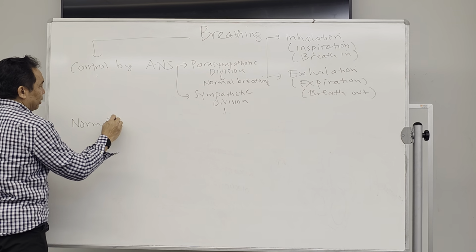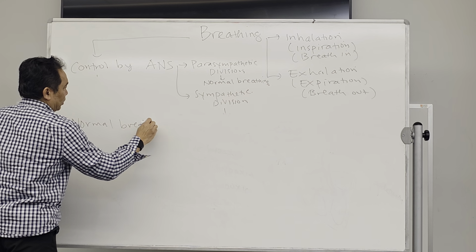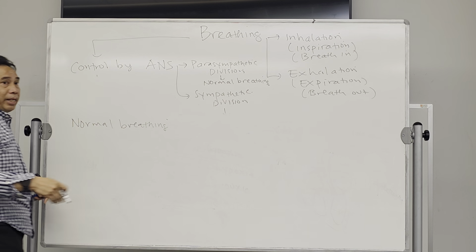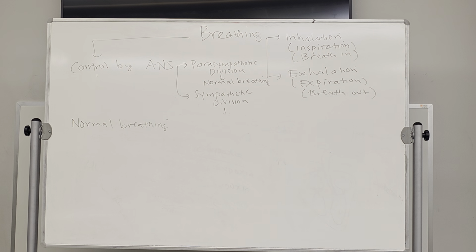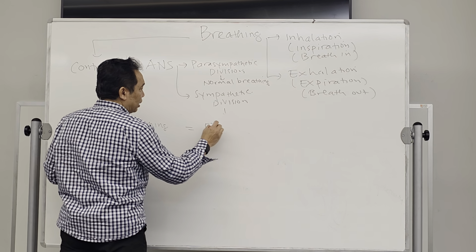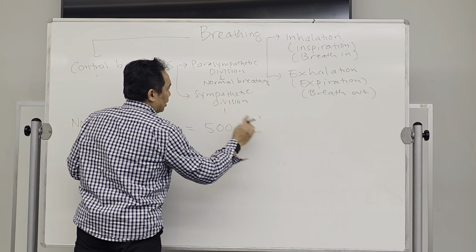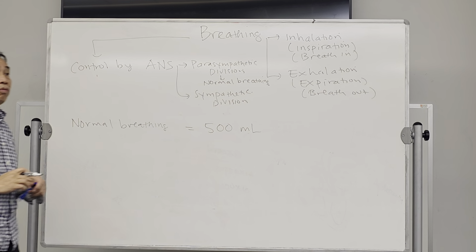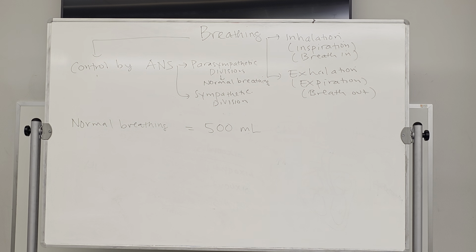Normal breathing, with 2-second inhalation, 3-second exhalation. The gas exchange is on average half a liter. So 500 milliliters of air will be exchanged during normal breathing. With 2-second inhalation and 3-second exhalation, it will exchange about half a liter of air, oxygen and carbon dioxide.